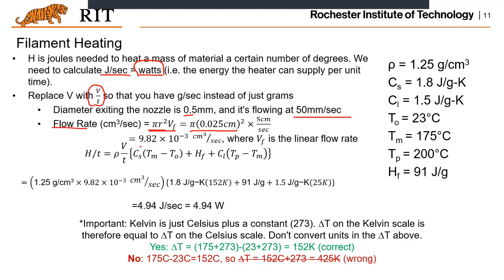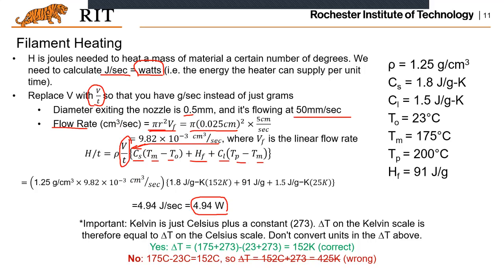And that is the volumetric flow rate, which is essentially V over T. And once you have V over T, the rest will be to substitute what you just came up with to here, and substitute C_S, T_M, T_0, H_F, C_L, T_P, and T_M. And it turns out you have 4.94 watts, right? That's how you come up with this power, right?